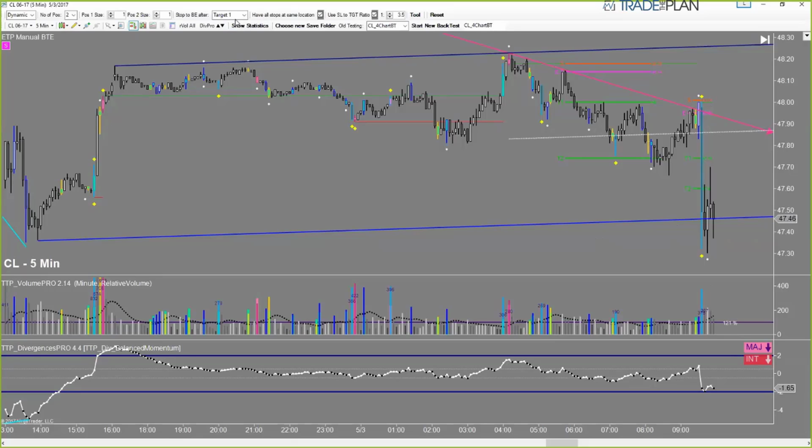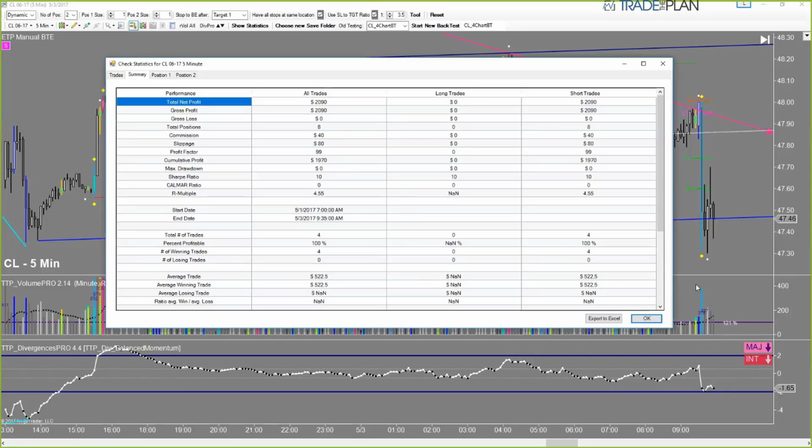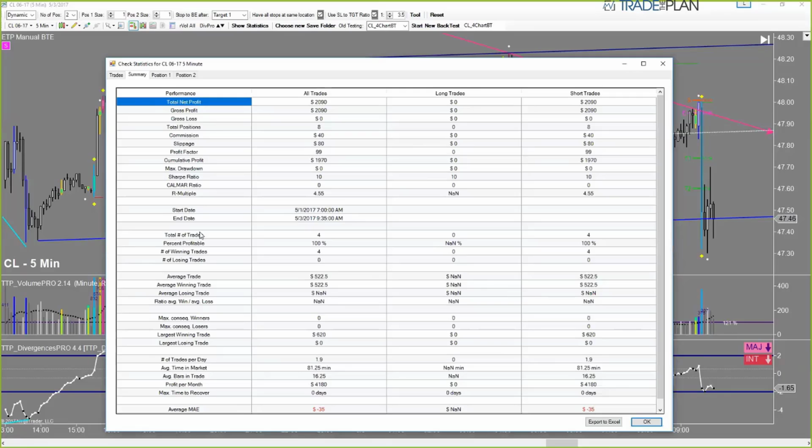Show statistics. We don't have very many, obviously, and I don't have any losers. I should have tried to get at least a couple of losers in there for you. We'll do that when we scroll forward and keep logging some trades. But here we have 4 total trades.